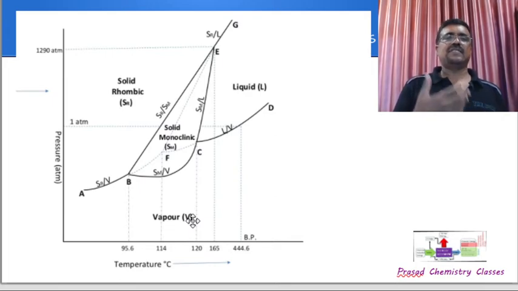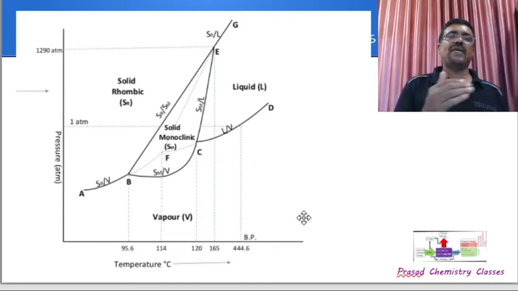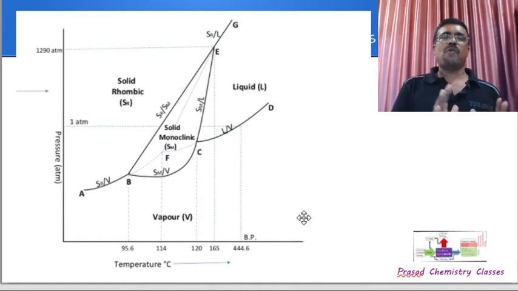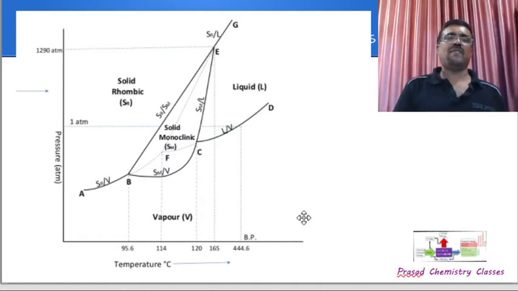We can have such metastable equilibria. F is another triple point, a metastable triple point, where we have liquid, rhombic and gaseous phase. Normally there is no point where these three phases can be in equilibrium. That will be a metastable equilibrium only. That is the sulfur system.